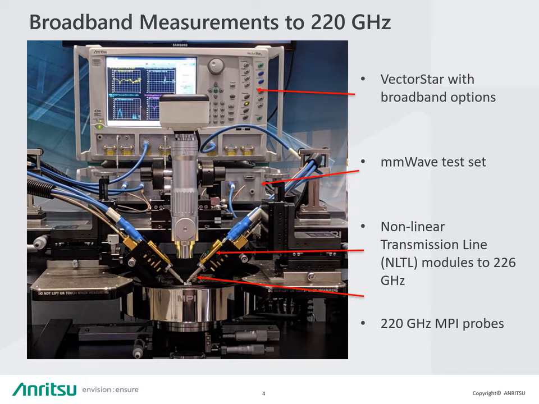The millimeter wave test set routes the RF and LO signals to the nonlinear transmission line modules, which then provide measurements up to 226 gigahertz. And that module is connected to the probes, which then provide the on-wafer measurement capabilities.